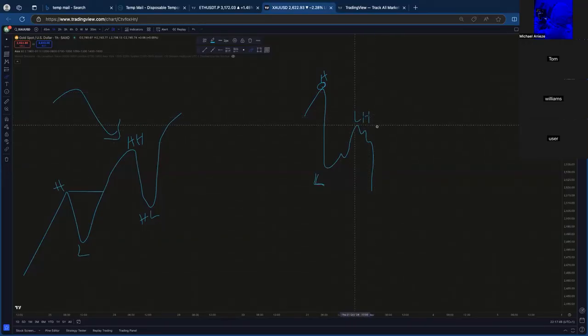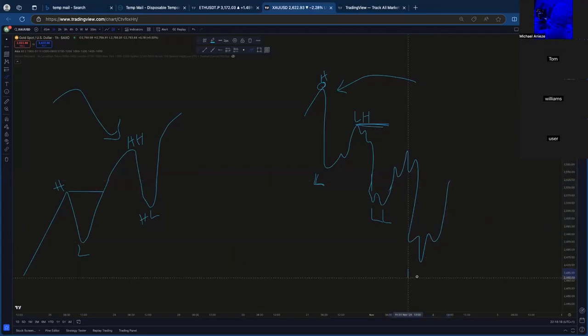It's lower than this one. Hence, lower high. And once this high goes ahead to print a low, this becomes a lower low. High, low, lower high, lower low, lower high, lower low.